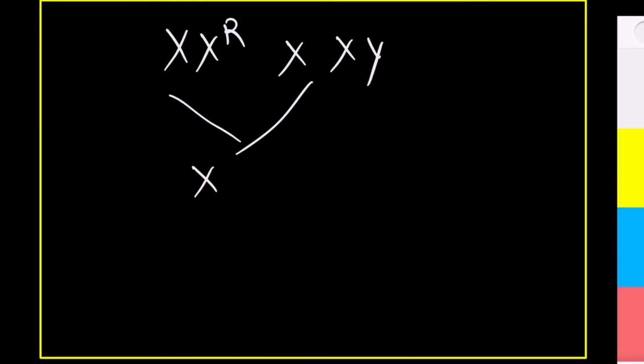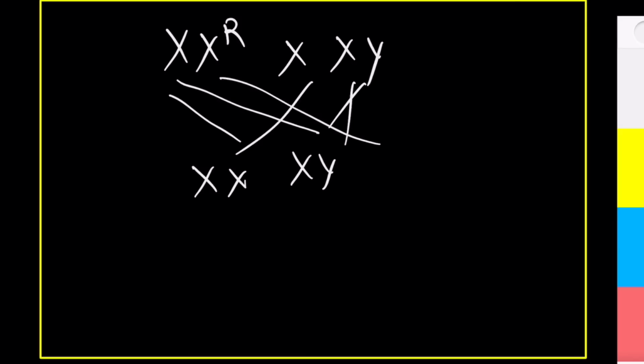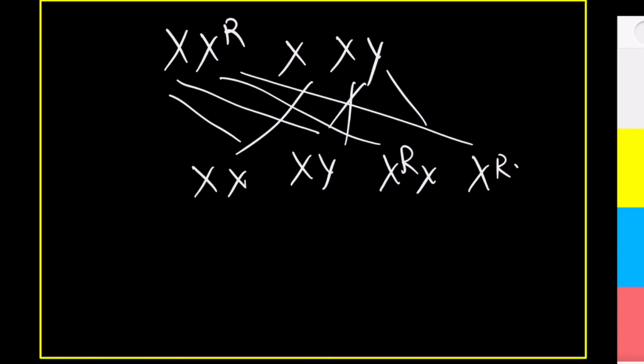Now you can predict easily: X, X, Y, XR, X, XR, Y. So here earlier the disease was in the mother, who was having rickets.